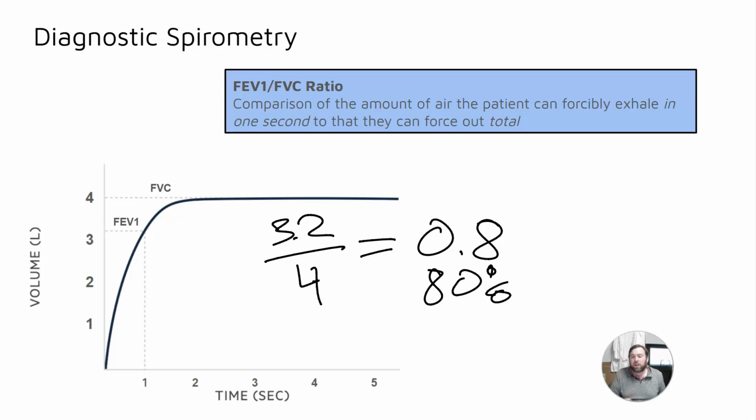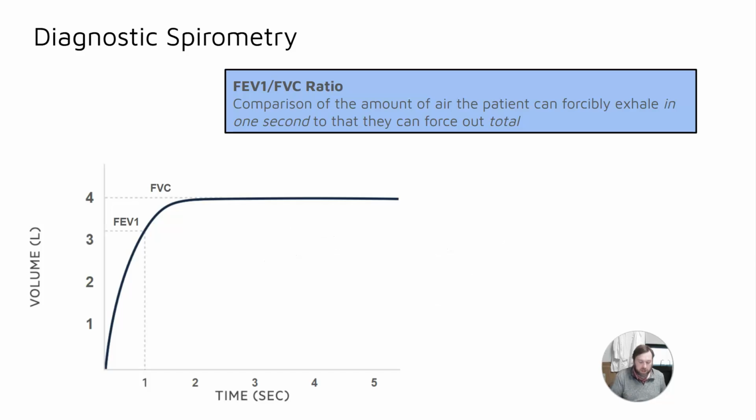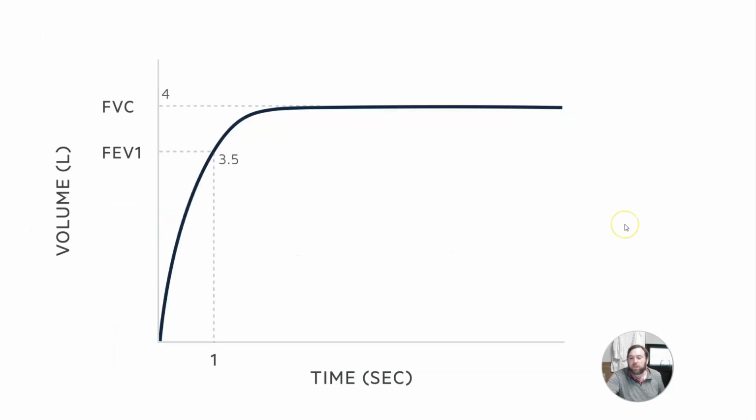What we don't want is for that number to dip down too much, because then that patient might be having trouble getting all that air out whenever they're exerted under stress. So, what would that look like? Here's the normal graph, and I have 3.5 instead of 3.2, all the same here with the comparison of numbers. Instead, I want to see this blue line here.